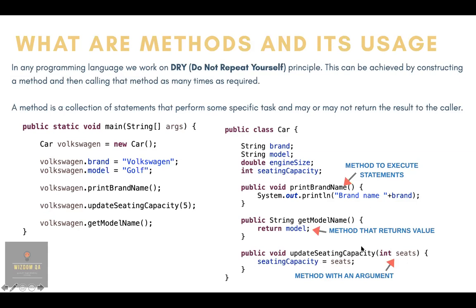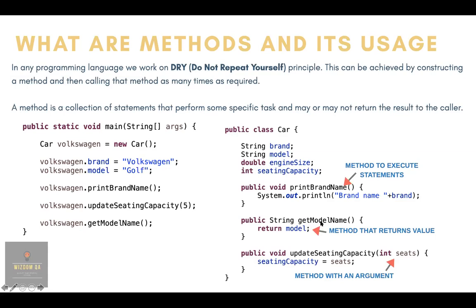So, three types of methods. We will talk much more about methods in future, but I'm just trying to give you some basic understanding of what a method is, because I'm trying to get to a situation where I can show you something from Selenium. So this is called methods, right? A normal method that can simply execute a statement, a method that can execute a statement and also return some value out of it, which is get model name.